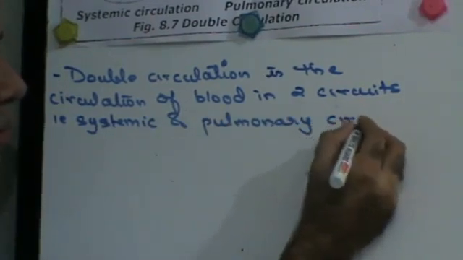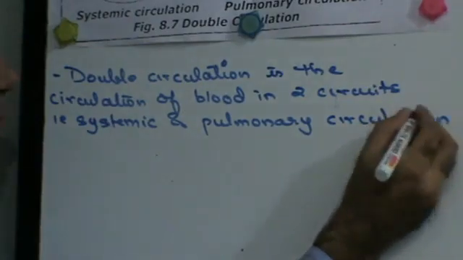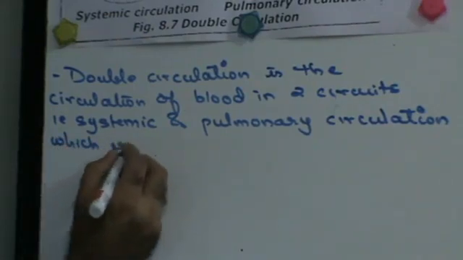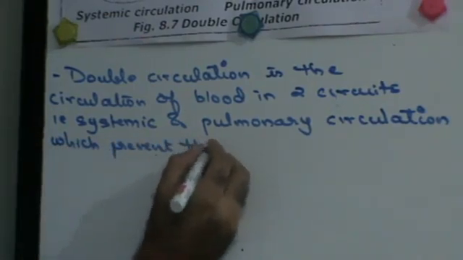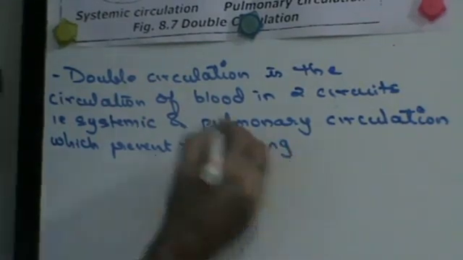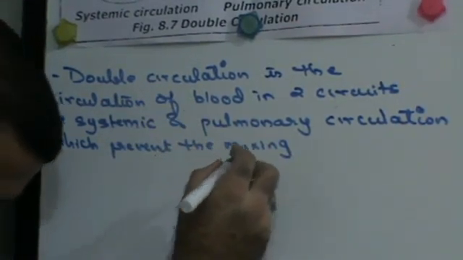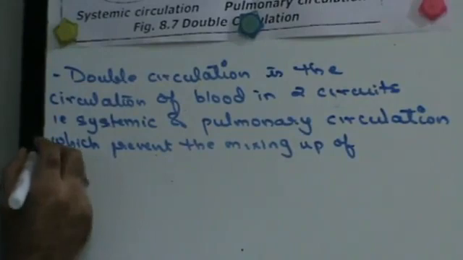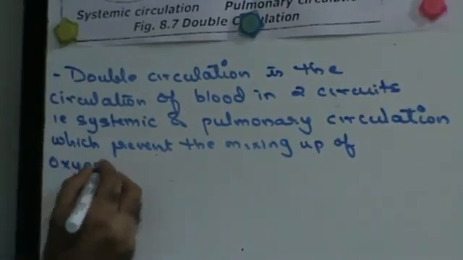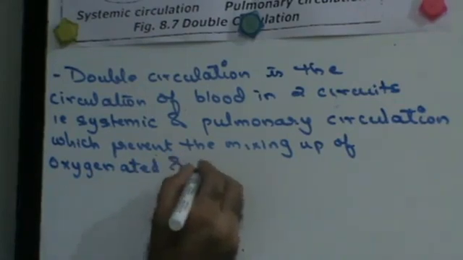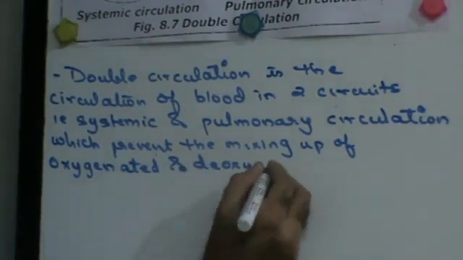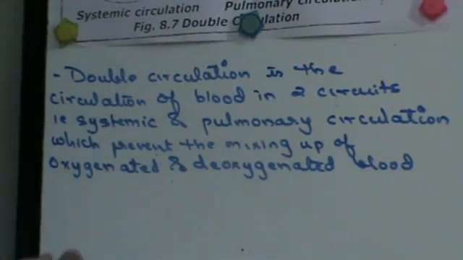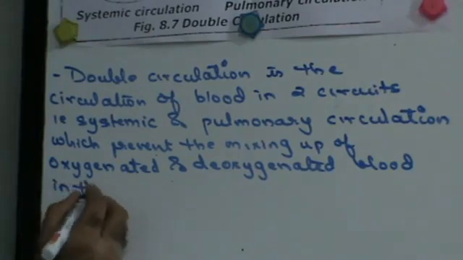You have two different types of circulation, which prevent the mixing of oxygenated and deoxygenated blood in the heart.